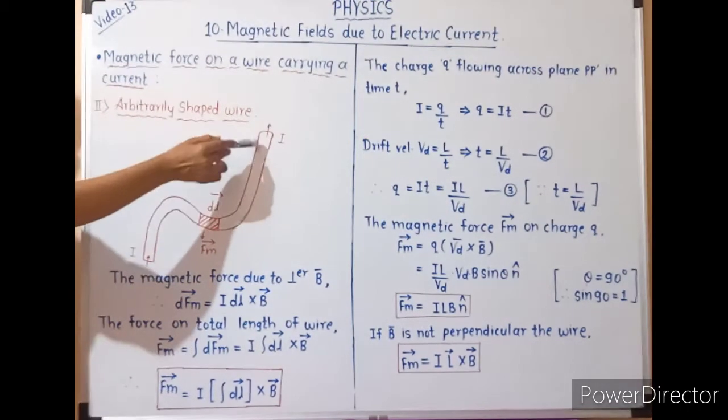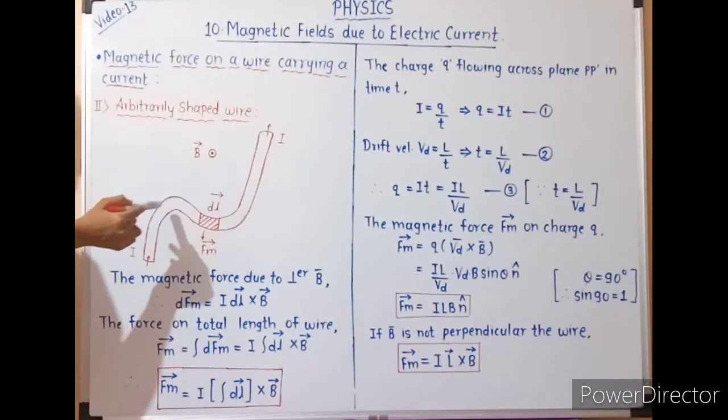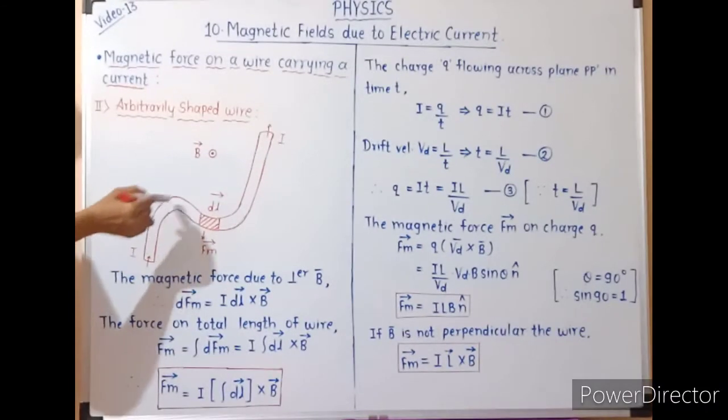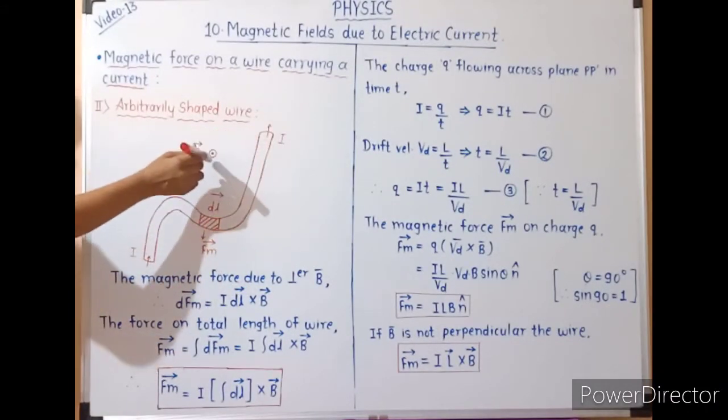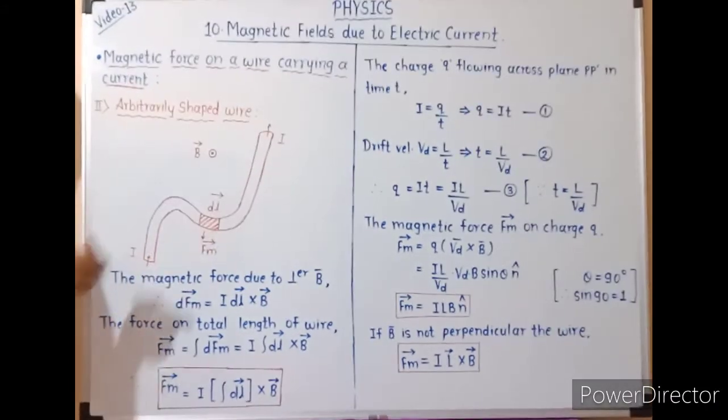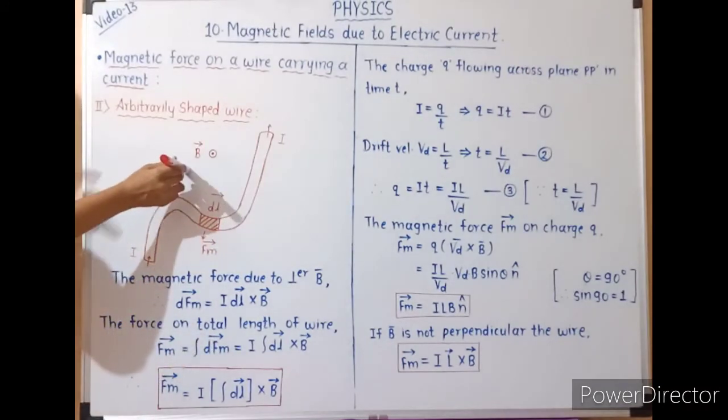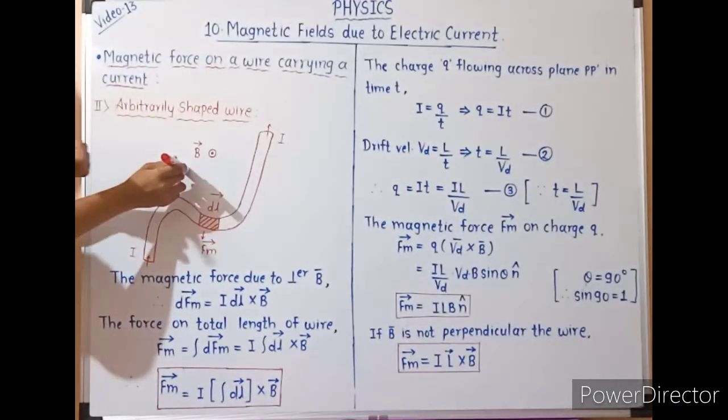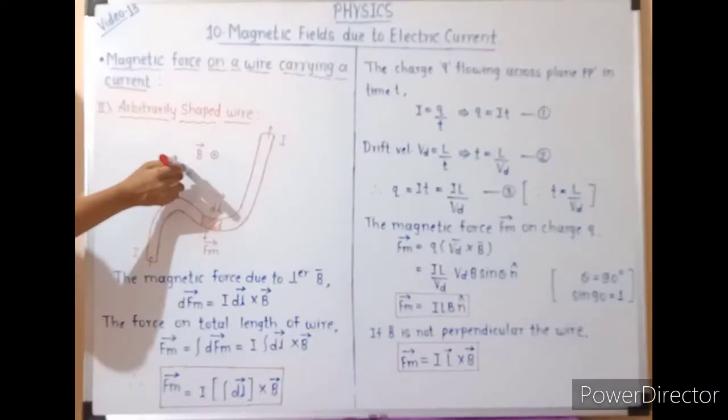This wire is kept in a uniform magnetic field B bar, and this magnetic field B bar is perpendicular to this plane.